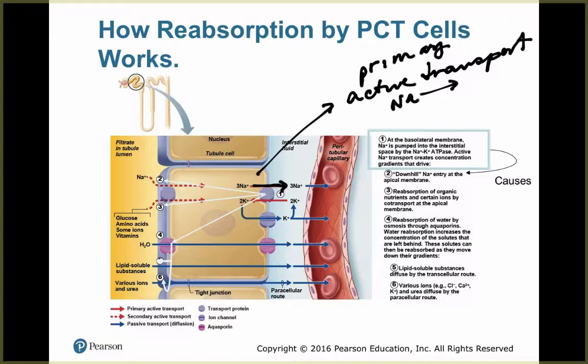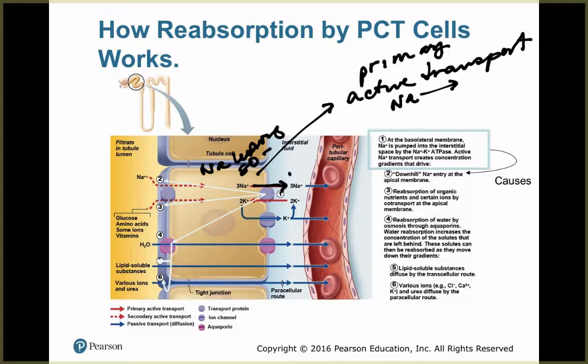Now this guy, because you're moving sodium from this side of the membrane to this side, is going to cause the inside of the cell to become negative. Sodium's leaving, so you get a negative charge on the inside of this membrane.